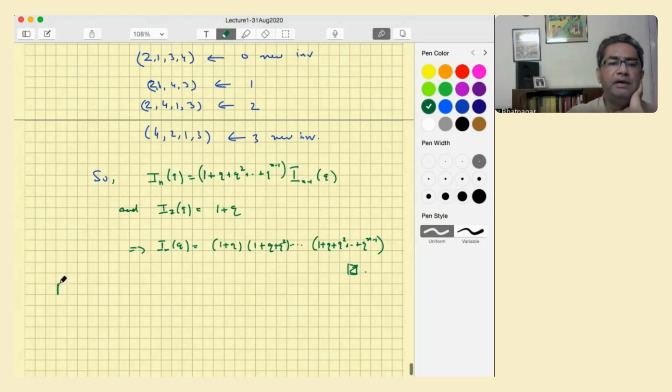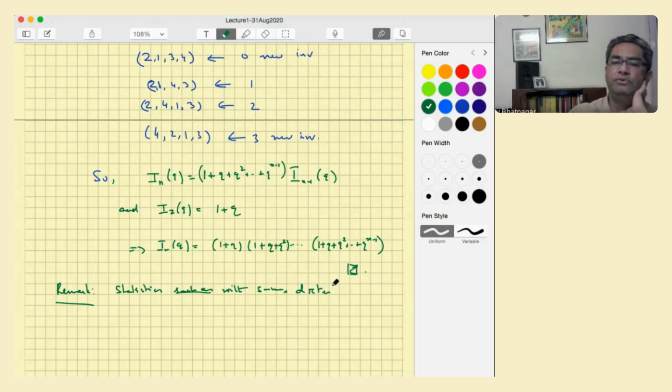So just a remark: statistics with the same distribution as inversions are called Mahonian.